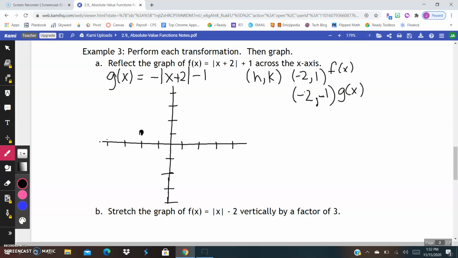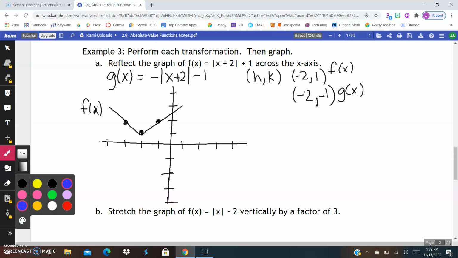And we know that on the right-hand side, we have a slope of 1, so up 1 and over 1. And then -1 on the left-hand side, so up 1 and back 1 to the left. So this will be our f of x function. And then we can think about a reflection over the x-axis. We're just going to flip it. So that vertex is 1 up, so our new one would be 1 down.